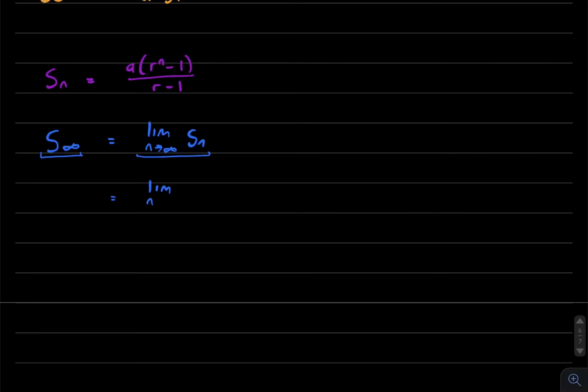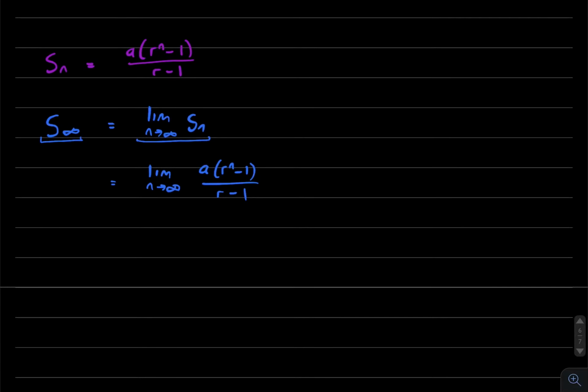So we know what the formula for Sn is, so let's just write that down. It's a times r to the power n minus 1 over r minus 1. Okay, so what we need to keep in mind is that r is in this interval here.